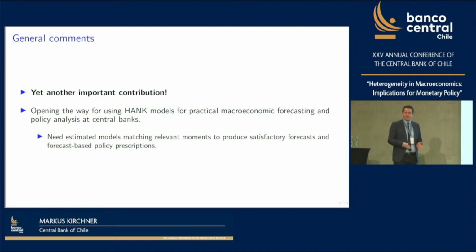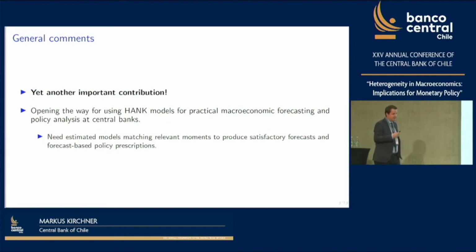The reason is simple, right? We need estimated models matching empirical moments to produce satisfactory forecasts and forecast-based policy prescriptions. So I think these papers are very important in order to move forward in the use of HANK at central banks, right? Well, that's the title of the paper.